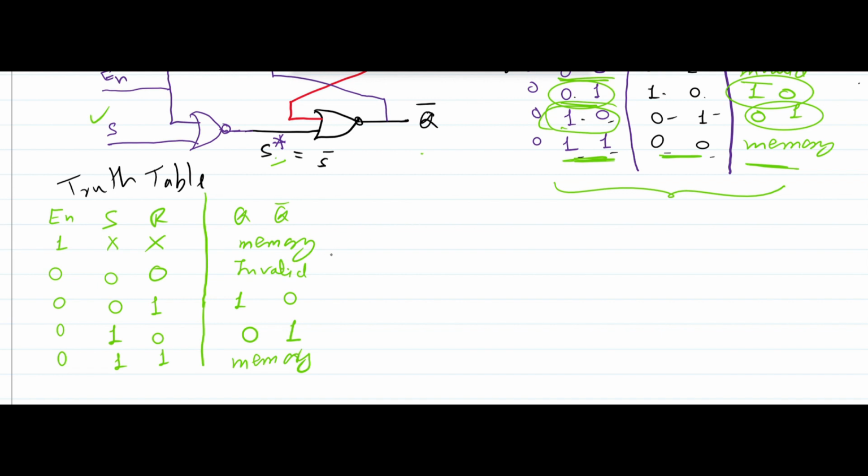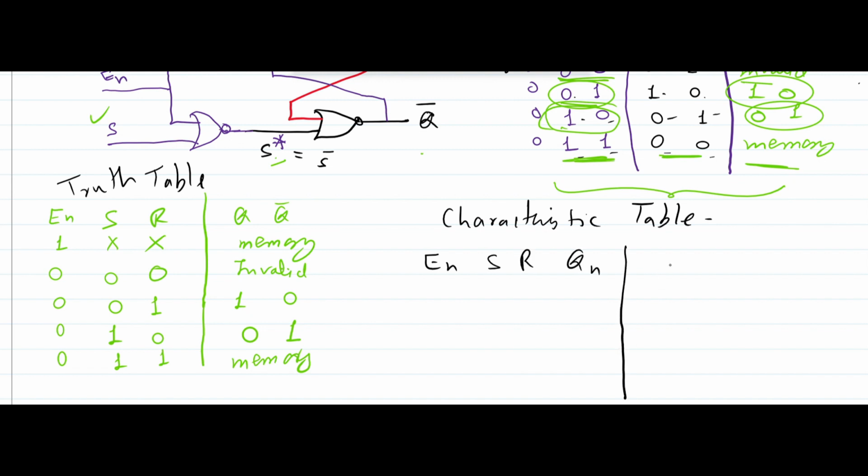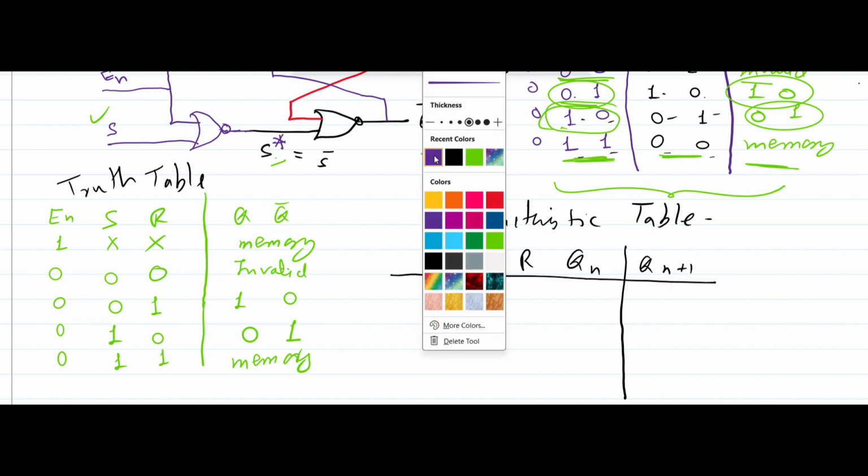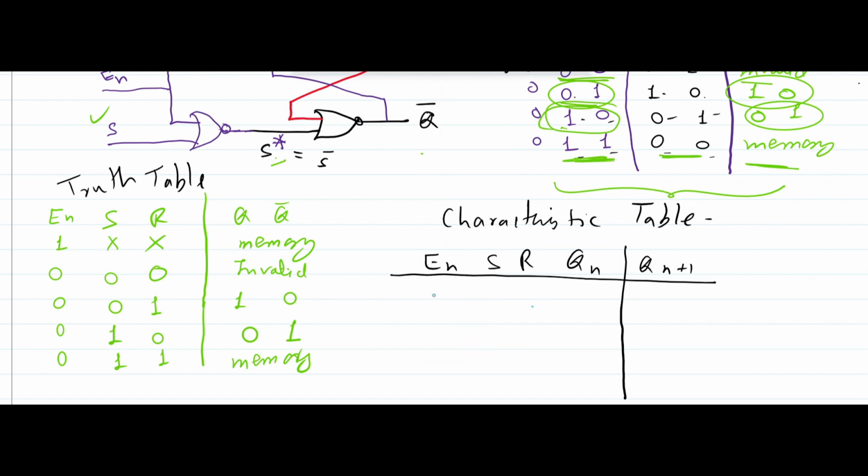Now from this truth table I will draw the characteristic table. So for the characteristic table, my inputs will be En, S, R and Qn, and my output will be Qn plus 1. Let me write the combinations.